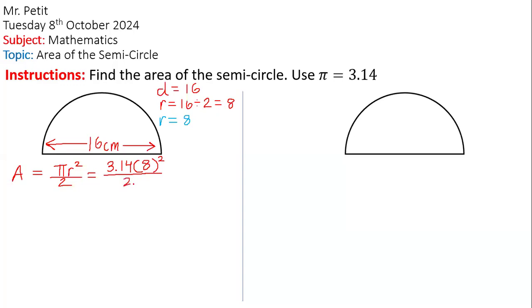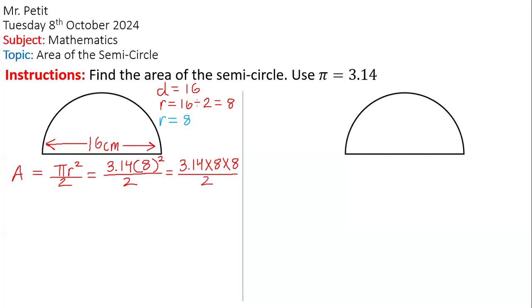And so it's gonna be equal to what? 3.14 multiplied by what? 8 squared. What is 8 squared? 8 times 8. 8 times 8 is 64. All over 2.